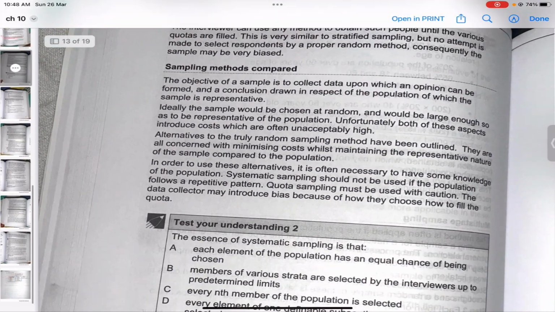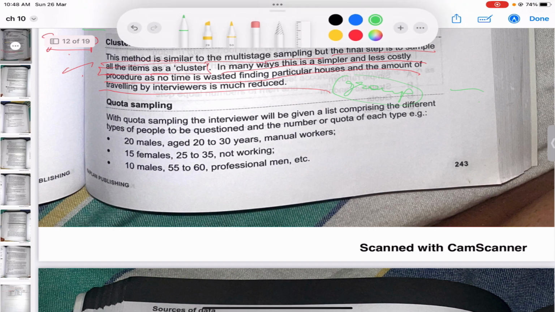Alright, now we come to the last form of sampling, which is quota sampling. What is quota? With quota sampling, the interviewer will be given a list comprising different types of people to be questioned and the number, or quota. So you are already given a particular segment of people and you are supposed to collect samples from that.